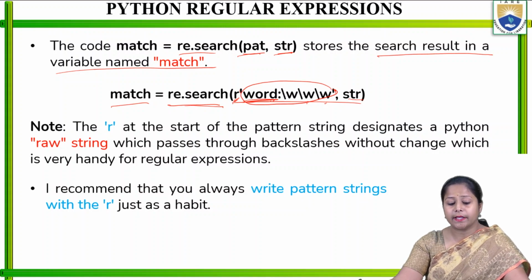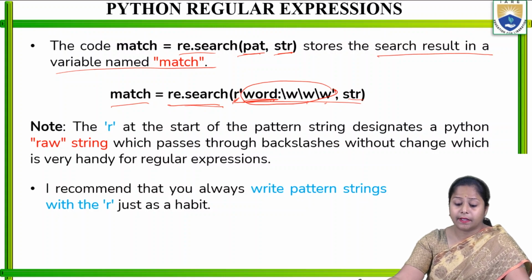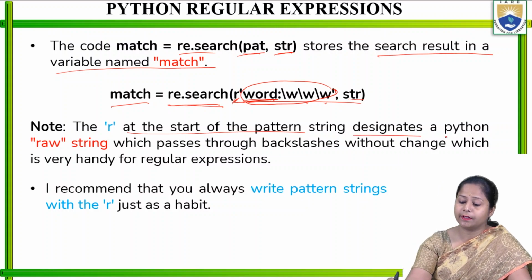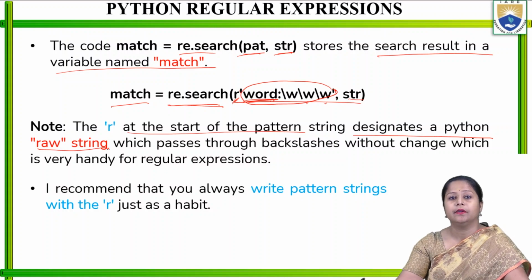Now please note that the r is the start of the pattern string, and that is designated a Python raw string. So whenever we are writing something directly in the way of a pattern, we always need to write a small r.